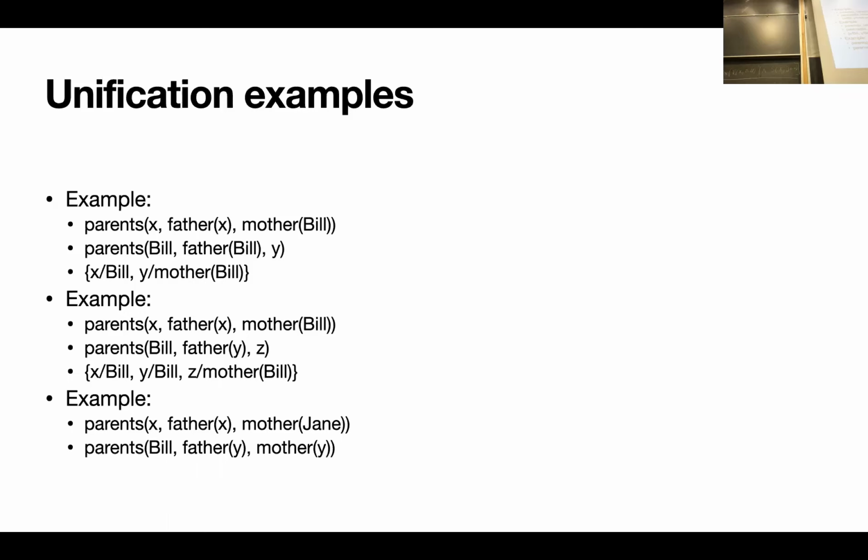Why? X has to be Bill, Y has to be Jane, but X has to be equal to Y, and Bill cannot be equal to Jane. So we do not get a valid unification. The unification failed in that case. So that's the idea.